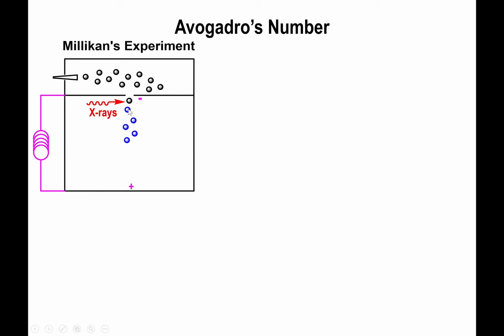He lets them fall through, charges them up by using X-rays, and then uses positive and negative plates to basically suspend them in air. Ultimately, as you may recall from previous lectures, this allows us to find out the charge of the electron.